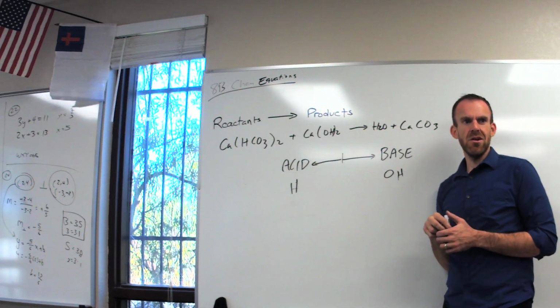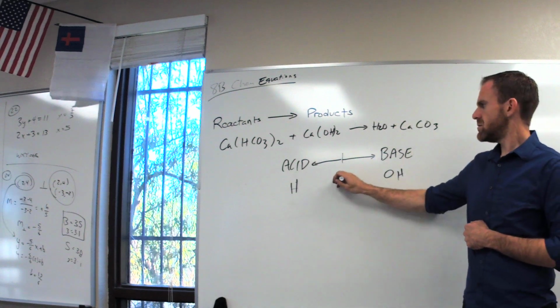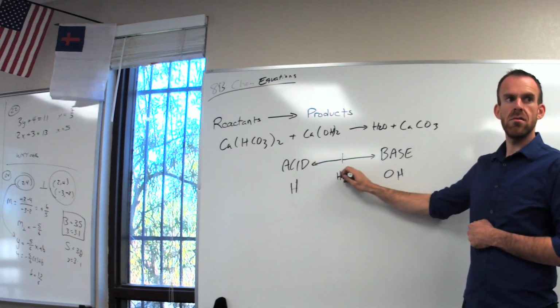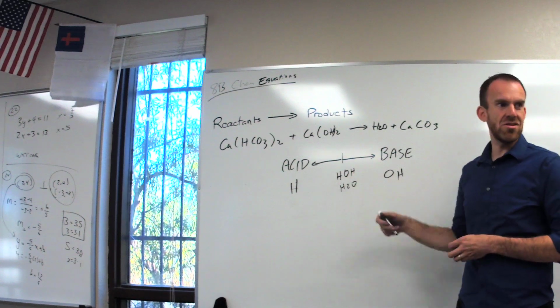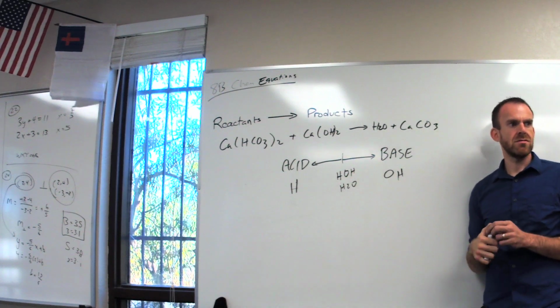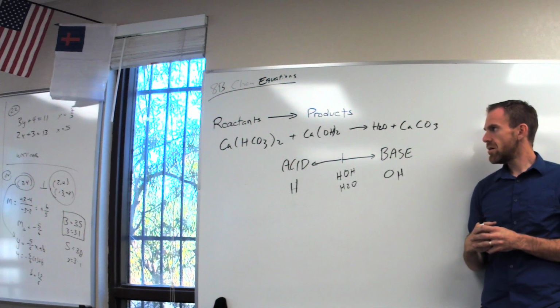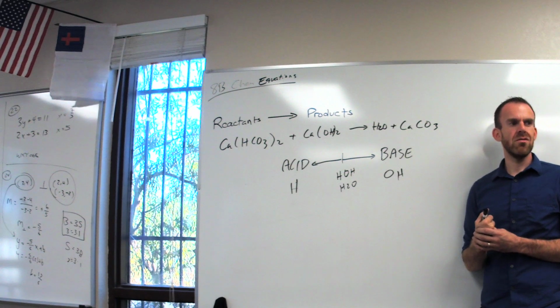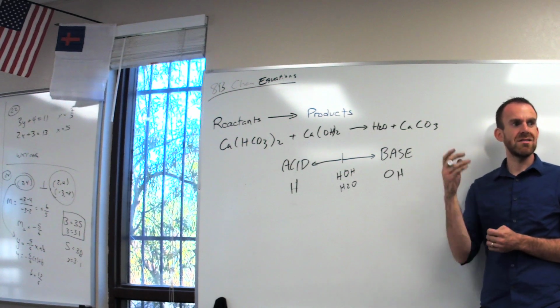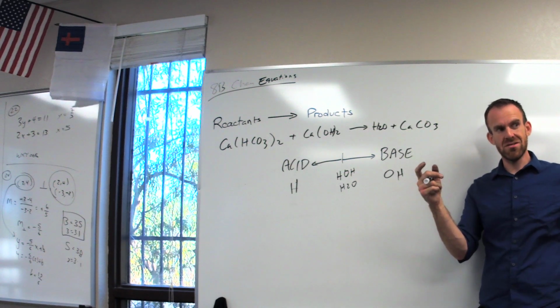And then what's right in the middle? Water, because it's got an H and an OH. Wait, Miss Glenn, the other one had oxygen in it. Did it have an OH on it though? No, it has a hydrogen and it has some oxygen somewhere else.